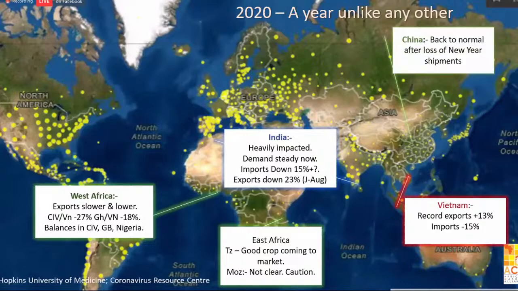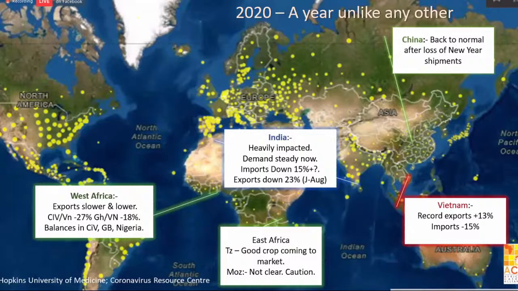If we look more at the countries that buy cashew nuts, China is back to normal. In terms of the impact of coronavirus on imports of cashew kernels to China, the impact was all felt at the very beginning, during the lockdown, during the early weeks of this pandemic's impact on the cashew market. There was a loss of about 4,000 tons of New Year exports from Vietnam to China.